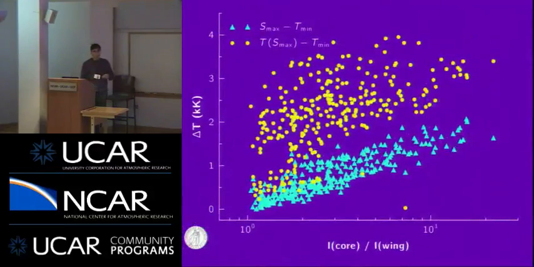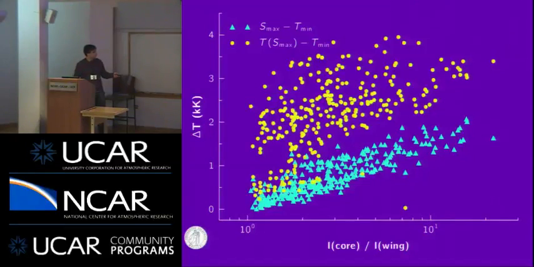And we tried to go a bit farther to see, can you actually derive some meaningful thing other than just saying that some heating went into this location? So we tried to get an observable. Here, this is the ratio of the core intensity over the wing intensity of this triplet line. And this is a temperature difference between where the wings are formed and where the core is formed.